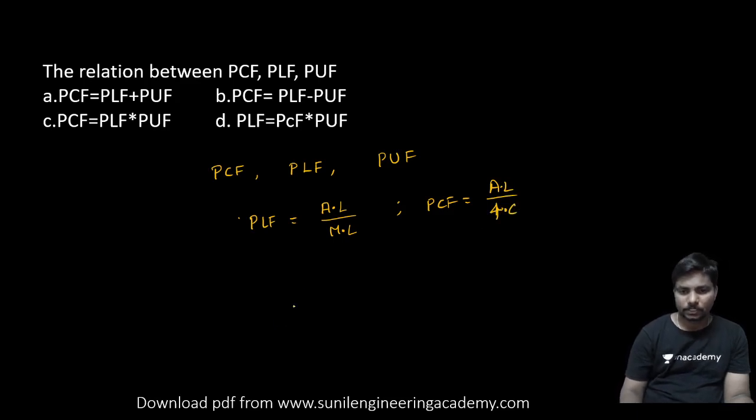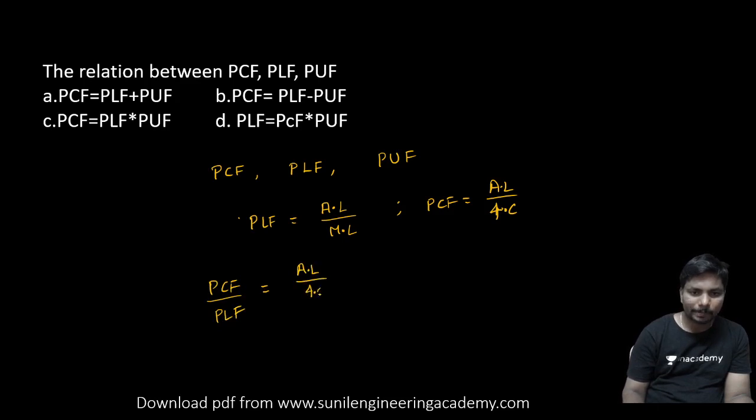So from this, PCF by PLF is equal to average load by installed capacity divided by average load by maximum load. So average load is going to be cancelled out.